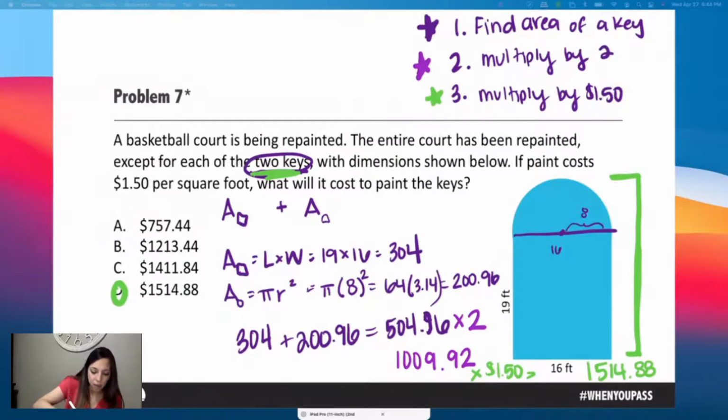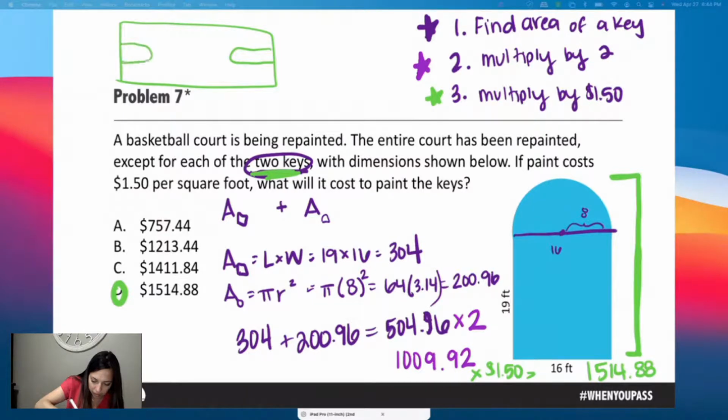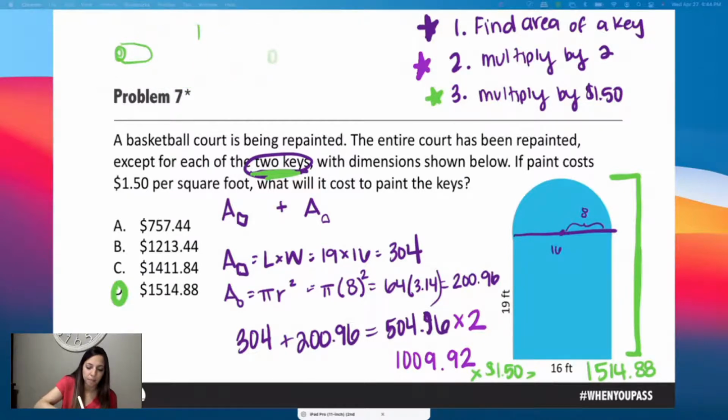Now, on a basketball court, it has that key like this, and then the key like this, and the hoop is here, and the hoop is here. And then your half court line is here. So the key is just the part where the free throw line is, and it's right under the basket.